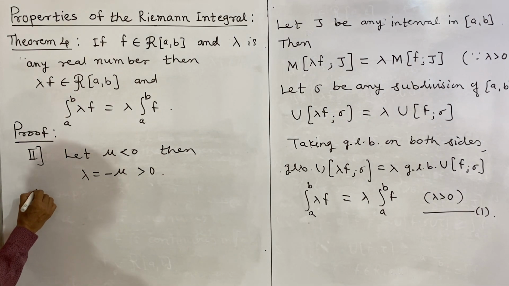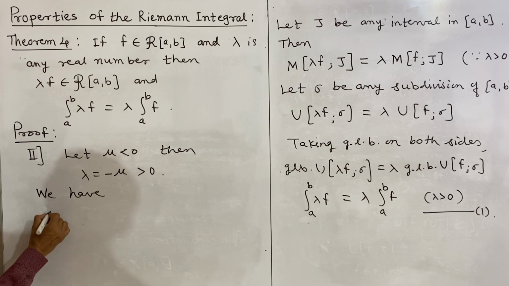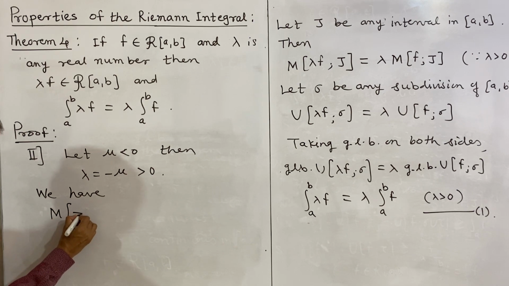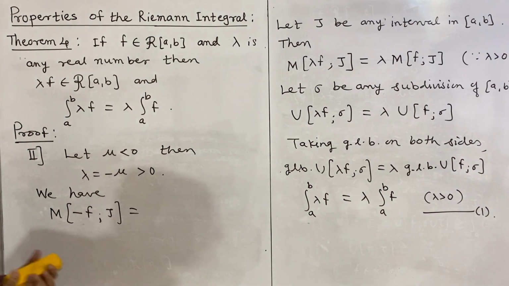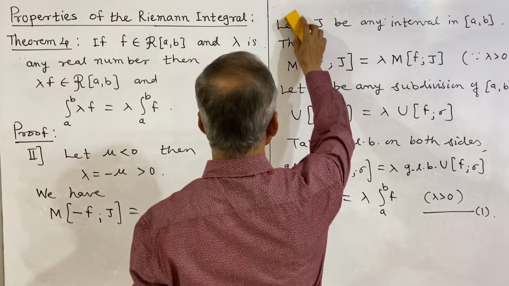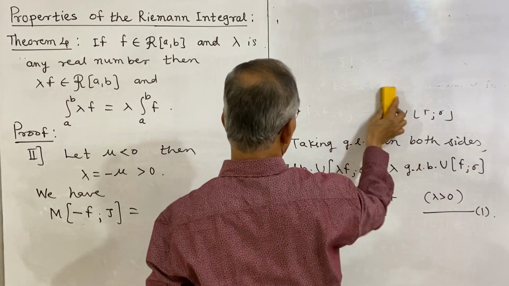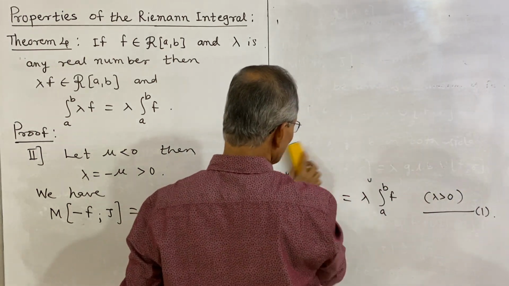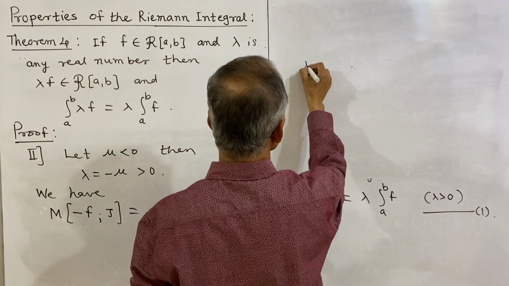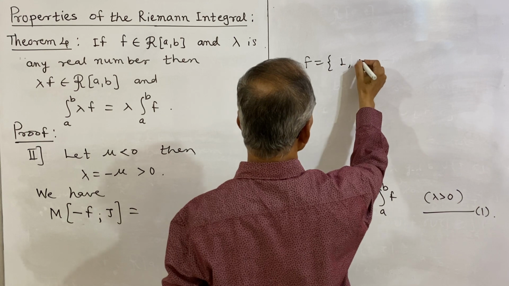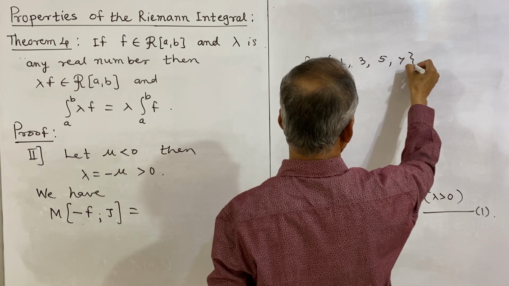Now we will consider the maximum value of negative f on j, and what will be that value in terms of the minimum value. So we have to use this result further for this second part. Now again I will write the same function we wrote earlier, f having some discrete values, 1, 3, 5, 7, like this.